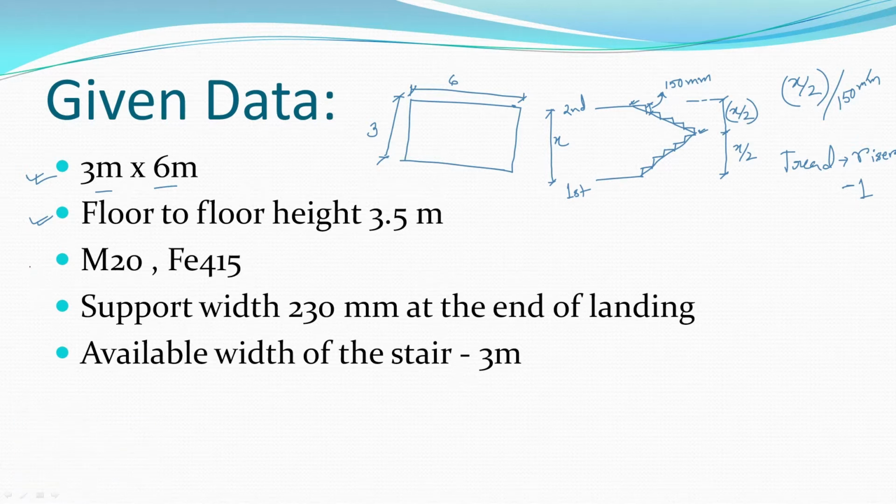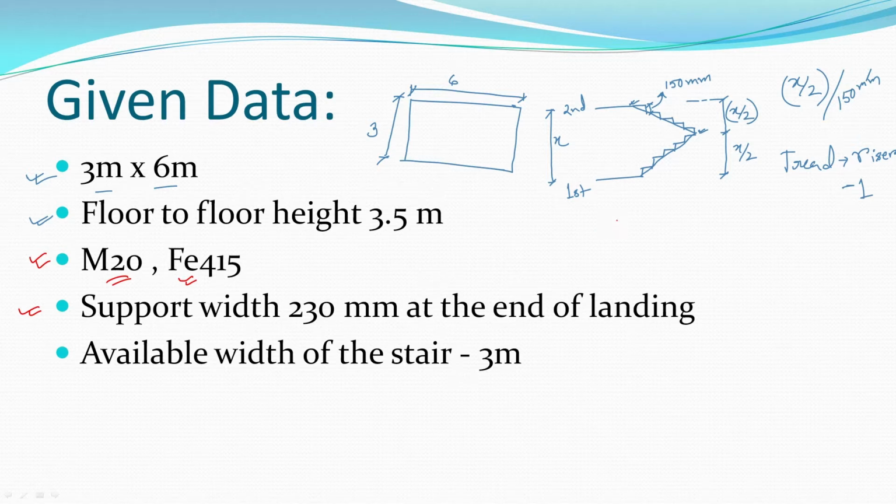Now the grade of the concrete and steel. As the material is RCC, we need to consider a particular grade of concrete and a particular grade of steel. Now here it is given the support width is 230 mm at the end of the landing.